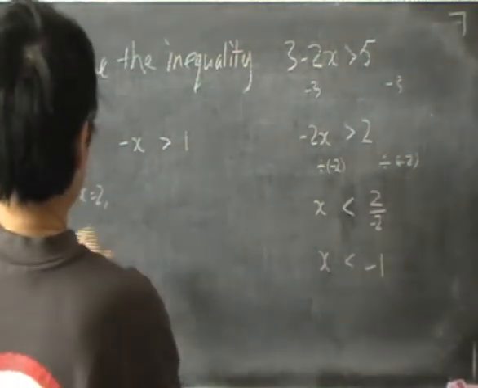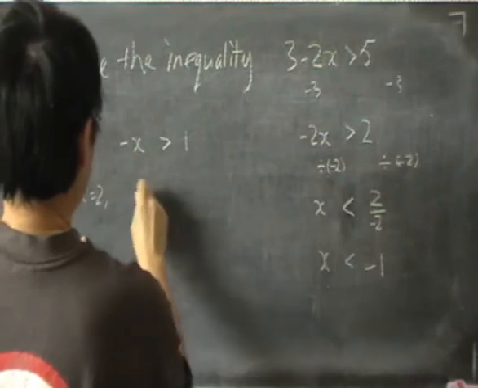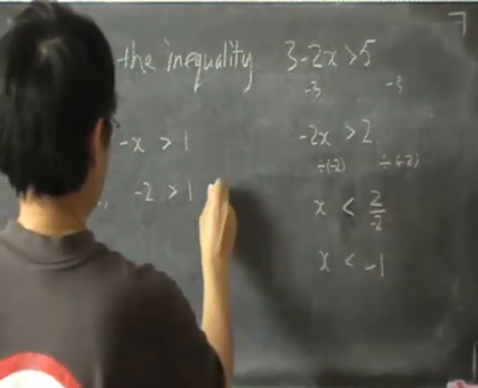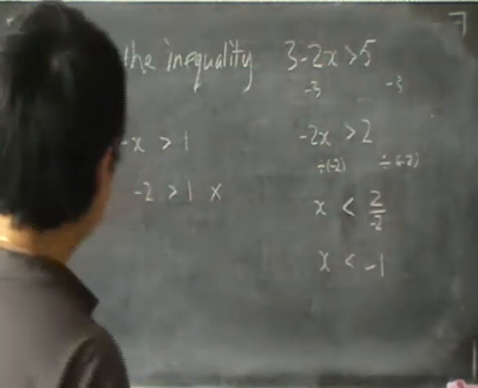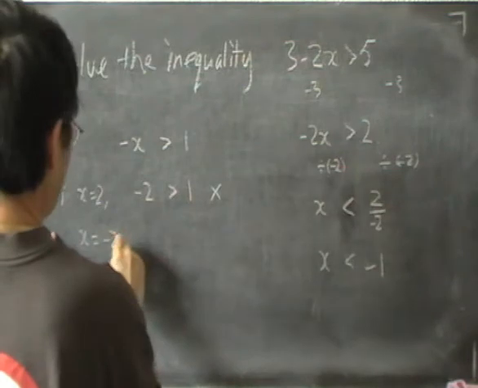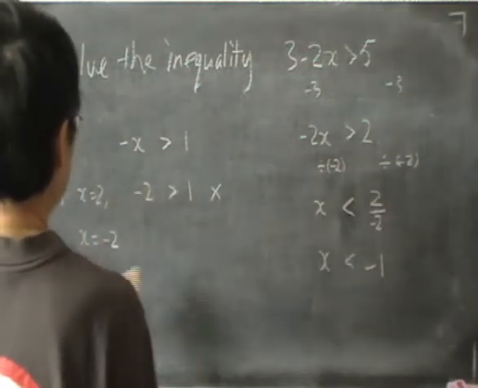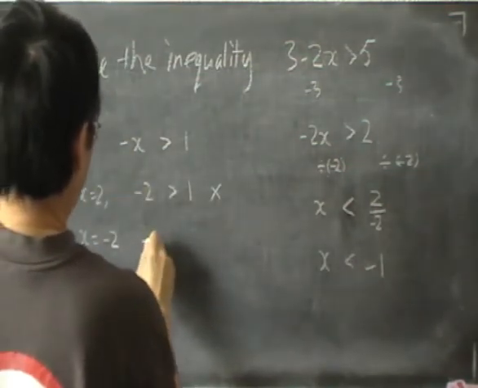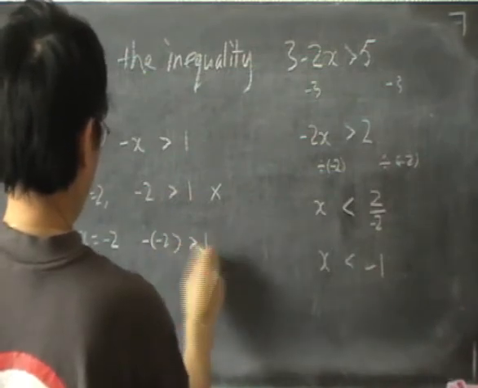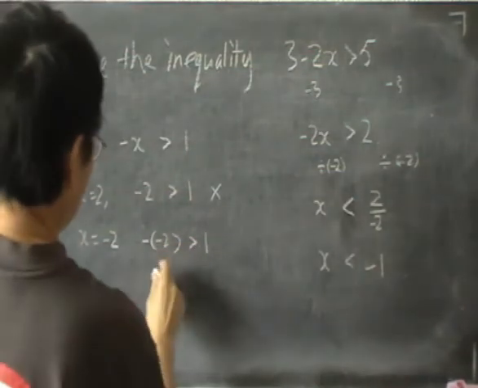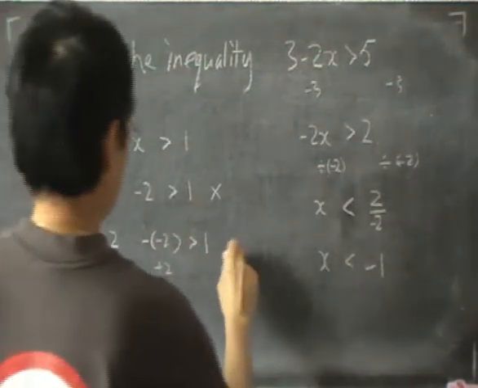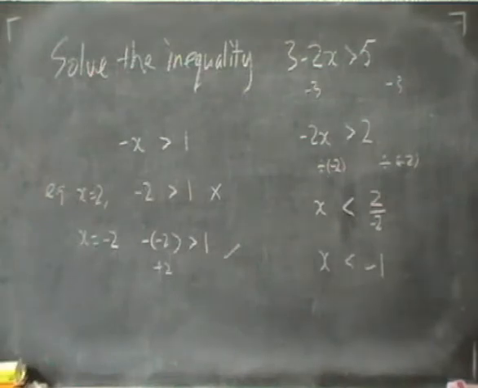If x is equal to 2, then I have minus 2 is more than 1. Okay, that's wrong. Now if I have x is minus 2, then when I put it in here, I have minus of minus 2 is more than 1. And minus of minus 2 is really plus 2. So 2 is more than 1, and that is correct.